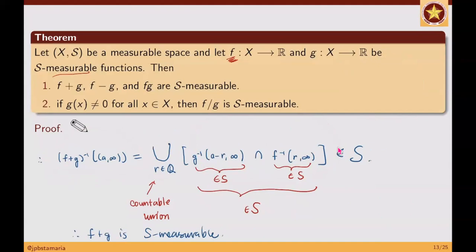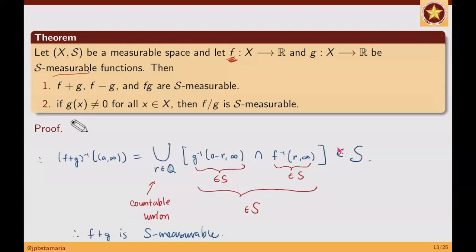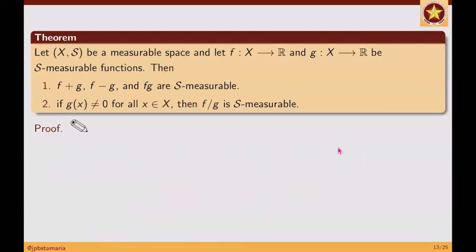Okay ba? Oh. How about, sir, yung F minus G? Paano yung F minus G? Well, ganito lang yan. Ang F minus G kasi is F plus negative 1 times G. Okay?